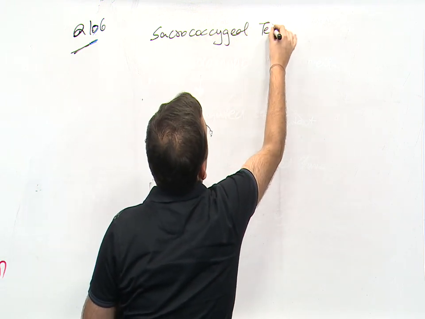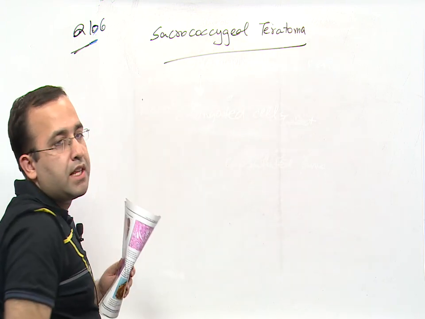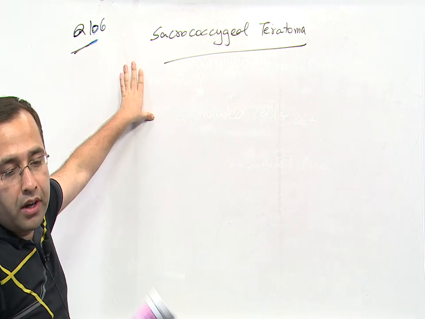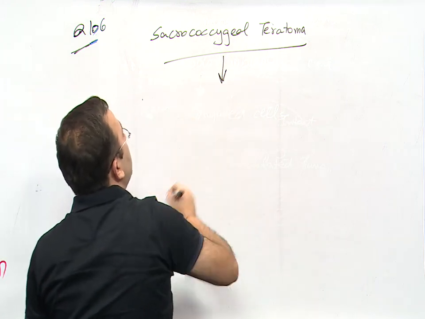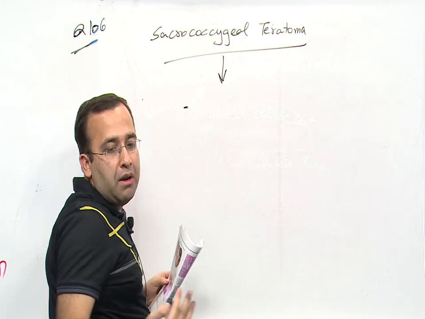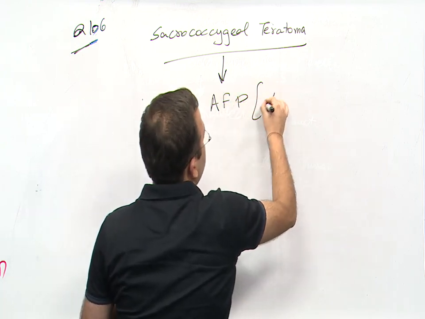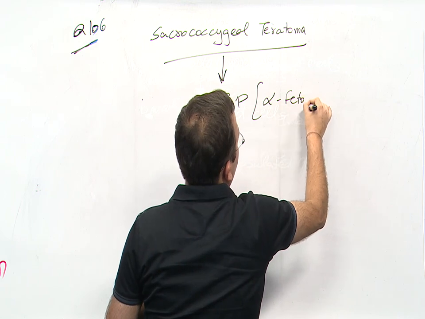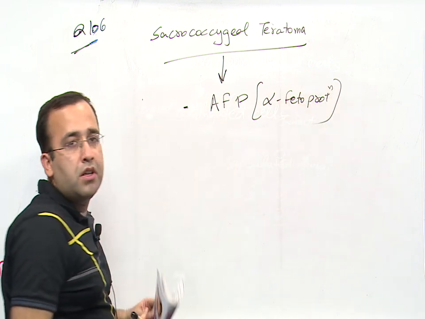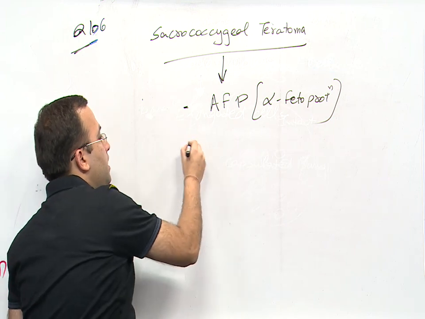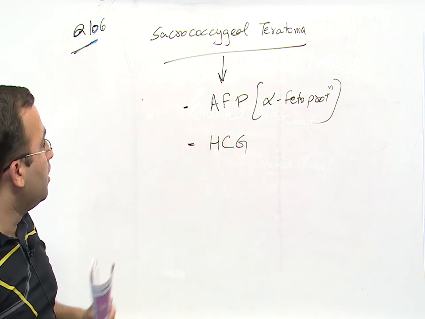And sacrococcygeal teratoma shows two main markers: AFP, that is alpha fetoprotein, and HCG.